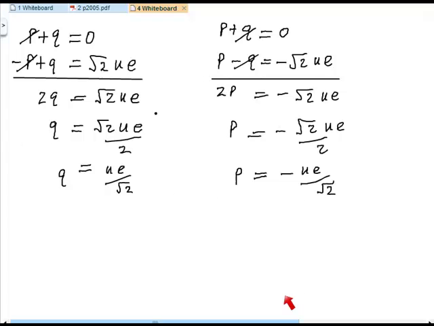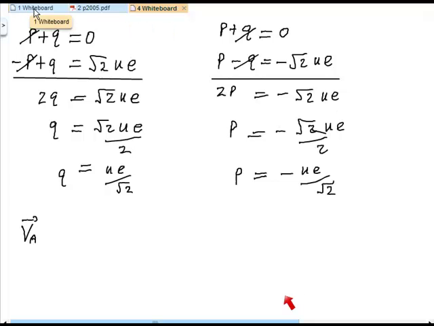Now, there's one extra little step here, and that is to find the speed of each sphere after the collision. So to find the speed, we first have to be clear on what the velocity is. So the first sphere is called A, so let's call that VA.